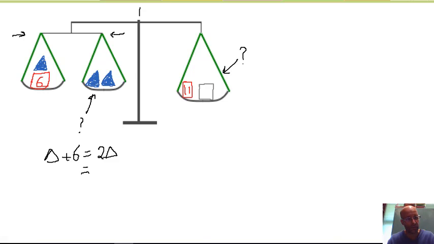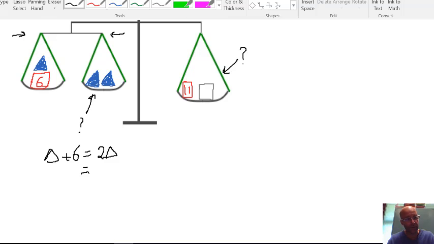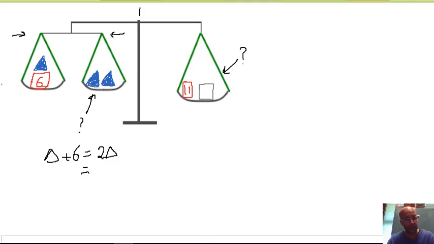What I have in mind is to subtract one blue triangle from both sides. Let's have a look. So if we subtract one blue triangle, we would just have 6. If we subtract one blue triangle from the right side, we would just have one triangle. So a triangle is worth 6.